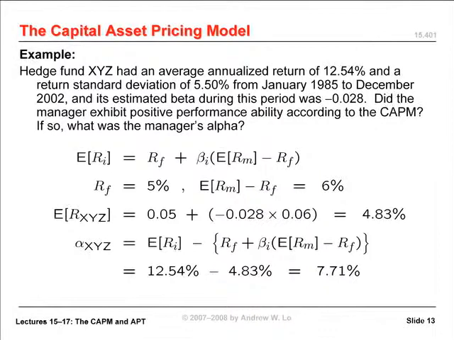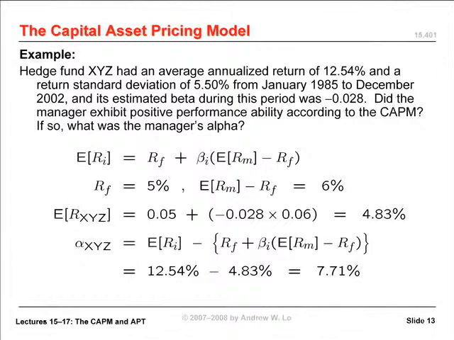The expected rate of return is equal to RF plus beta times the market risk premium. Market risk premium of 6%, risk-free rate of 5%. Plug that in with the beta of minus 0.028, and you get that this manager should have earned 4.83% per year. That's what the manager should have earned. In fact, the manager earned a rate of return of 12.5% per year.